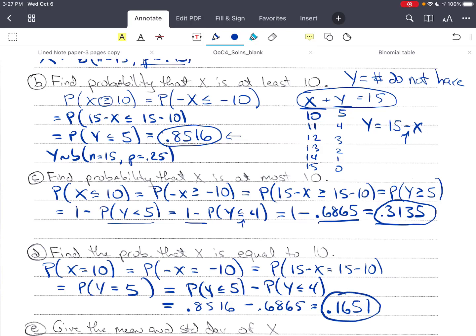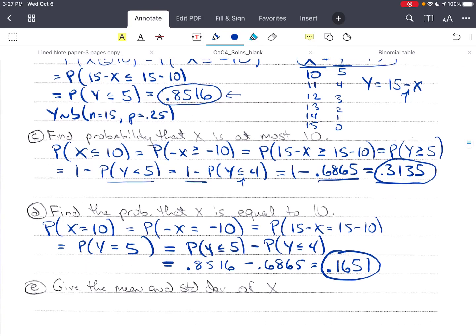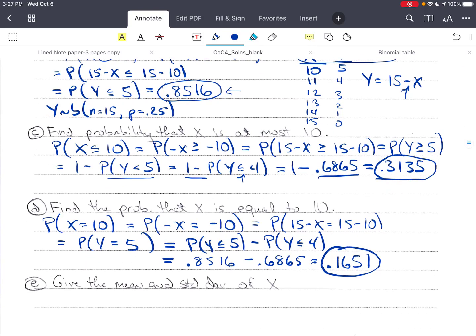Okay. Now, they're asking us for the standard deviation and the mean of x. So remember that x is a binomial with n equals 15 and p equals 0.75. So mu is equal to n times p, which is 15 times 0.75. So 0.75 times 15 gives me 11.25.